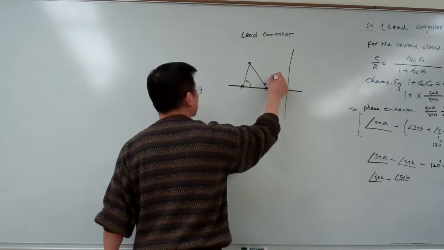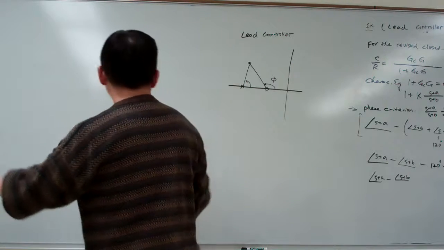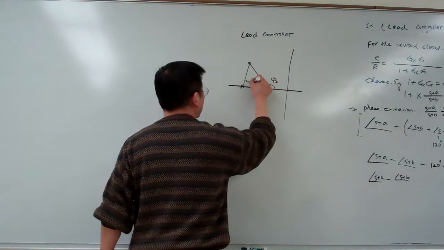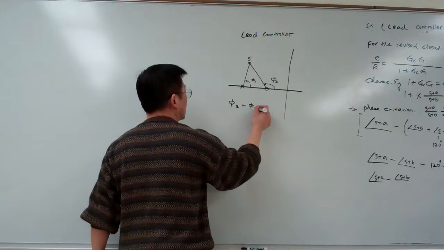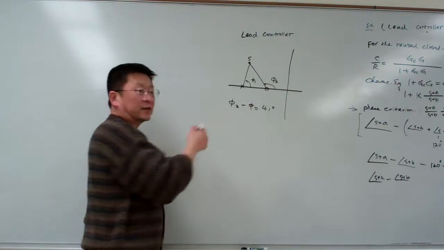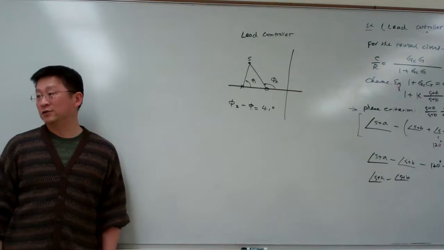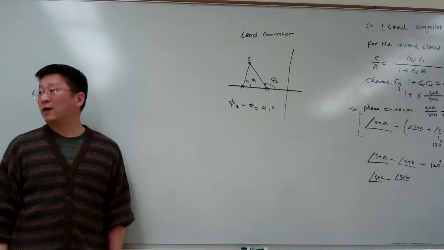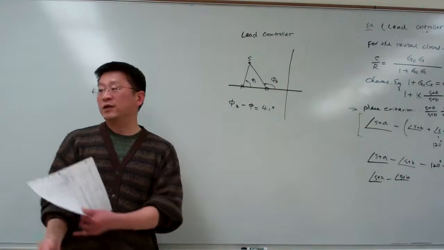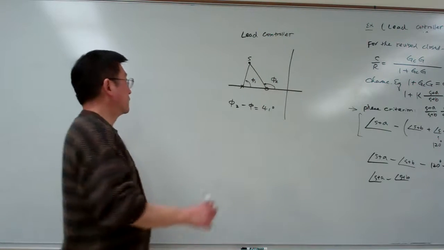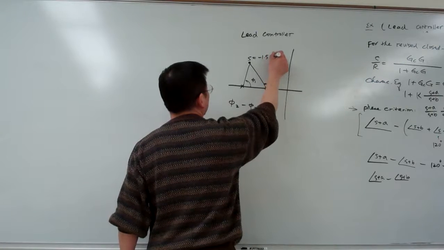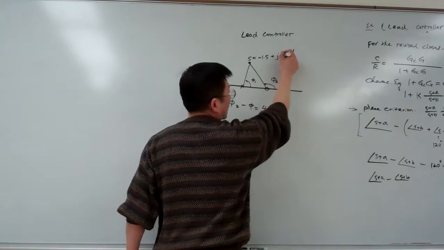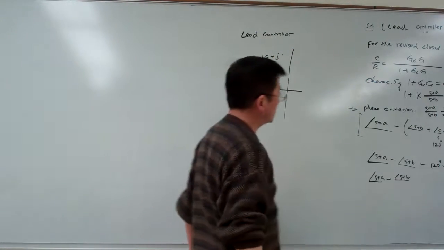Here is phi, for example, whatever symbol you use, phi2, phi1. So we need phi2 minus phi1 equal to 45 degrees. That is a design goal to achieve, right? So now you are going to choose A and B. The S here is our desired, minus 0.5 plus J. J how much?